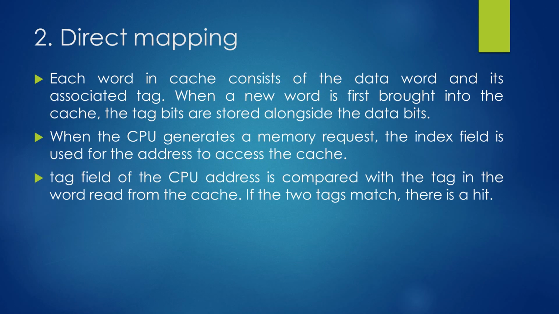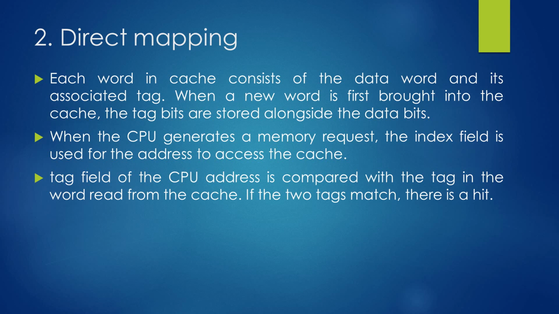Now as seen in the example, each word in cache consists of a data word and its associated tag. When a new word is first brought into the cache, the tag bits are stored alongside the data bits. That means whenever the cache is filled with data, the tag related to that particular data is also stored in the cache.